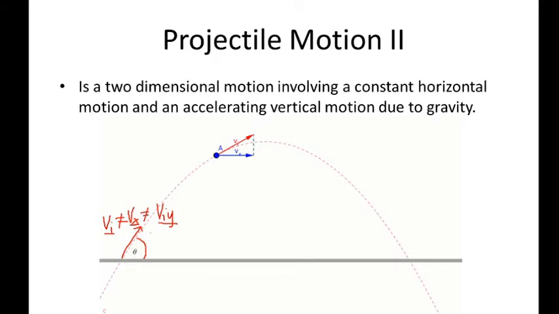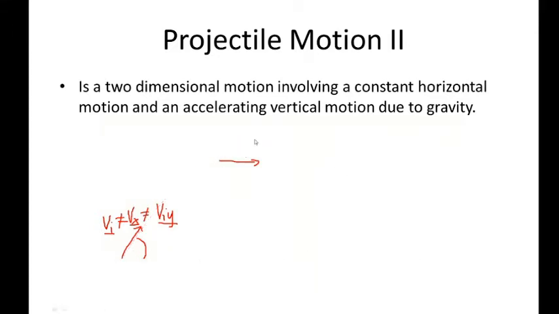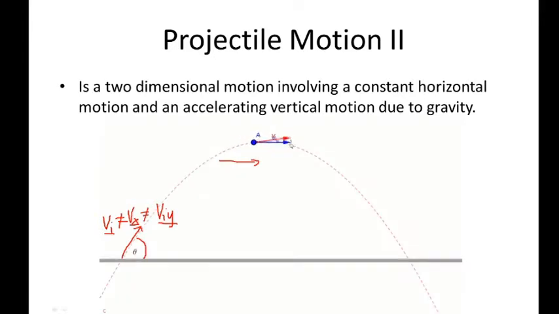So as the object moves upward, you would observe that the velocity in the x is not changing, whereas this one right here, the y component of your initial velocity, as it moves upward, decreases until it becomes 0, and then as it moves downward, it then increases.